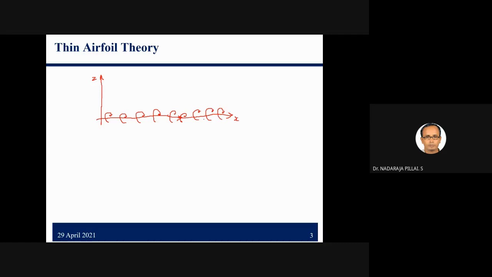We know W is the induced velocity. In this case, we have considered x comma zeta, where zeta is the dummy variable, and the elemental distance can be d zeta.